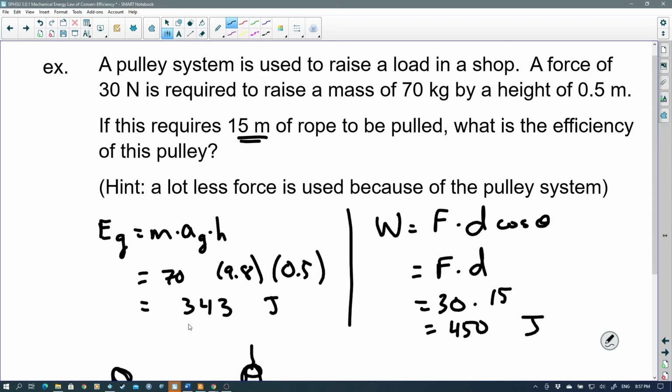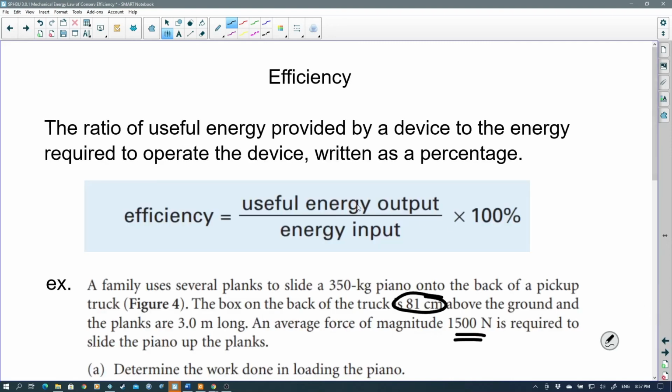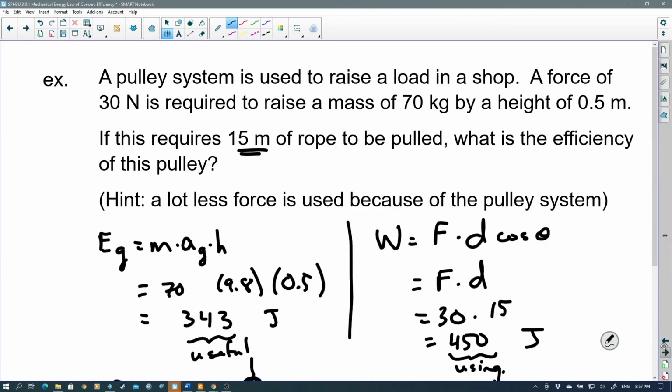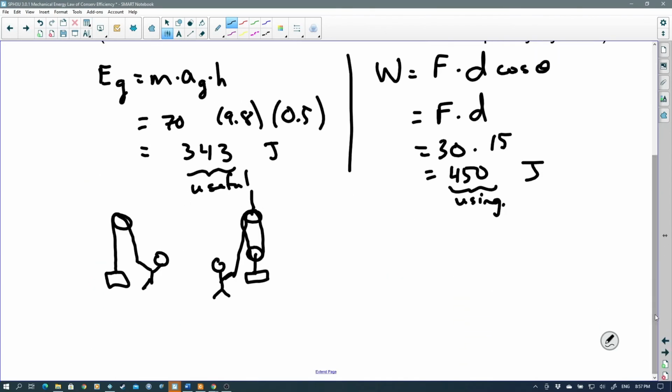This is the useful energy. This is how much energy we're using. So if we go back to the efficiency calculation, useful energy divided by energy input times 100% is the efficiency. So 343 joules is our useful energy, and 450 joules is how much energy we're putting in.